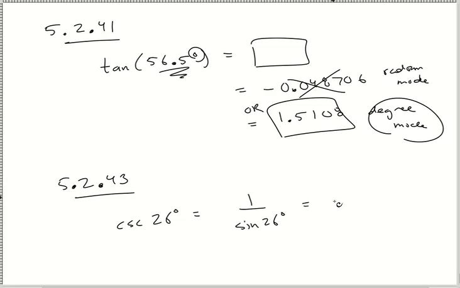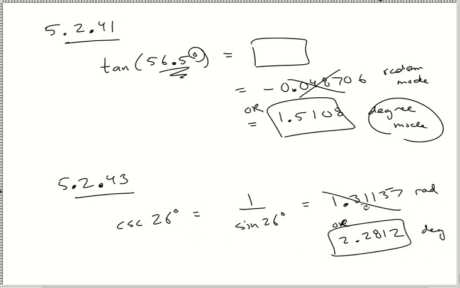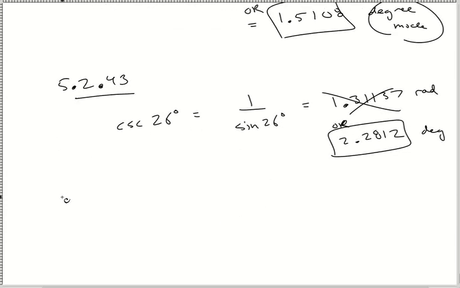And I got two answers, 1.31137, or I got 2.2812. And I'm wondering, well, which of these is the right answer? Again, it's between radians and degrees. I got this guy from radian mode. I got this one from degree mode. This is degrees. So this is your answer. That is not. You should not be doing this every single time. Just switch it to degree mode and do it.